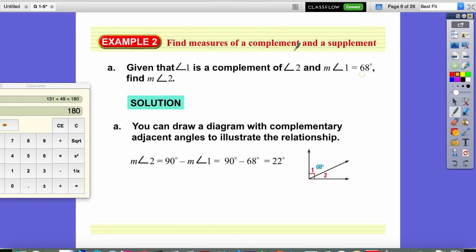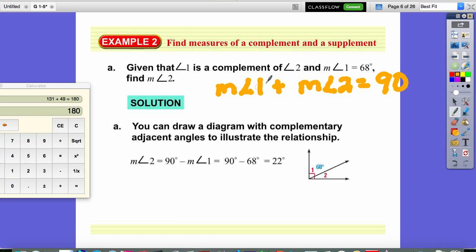So, measures of a complement and supplement. Given that angle 1 is a complement of angle 2, so we're getting into this word given, you don't know this yet, but it's what we're going to use in proofs. So we're told that angle 1, that means that the measure of angle 1 plus the measure of angle 2, since they're complements, is going to equal 90.